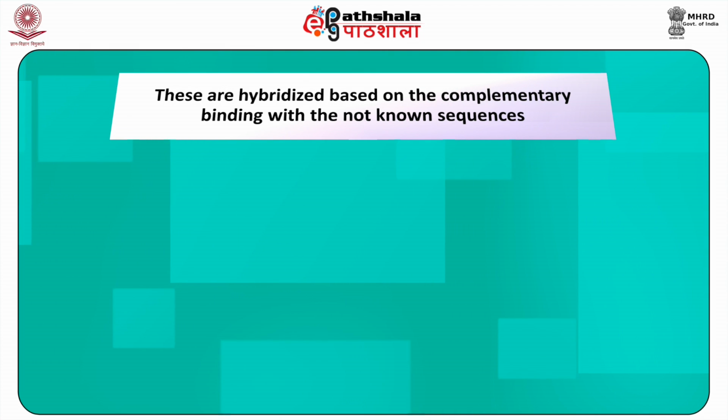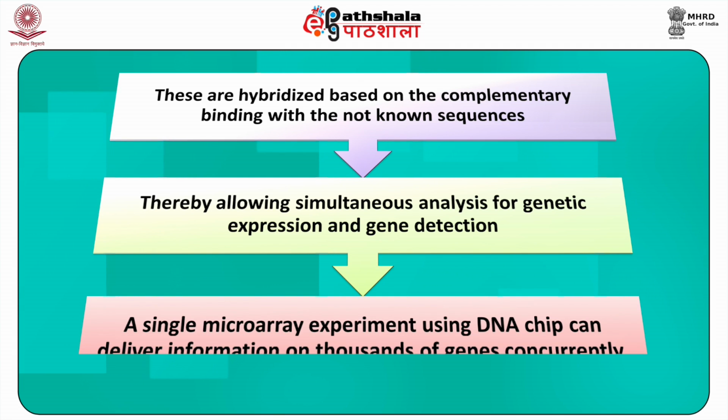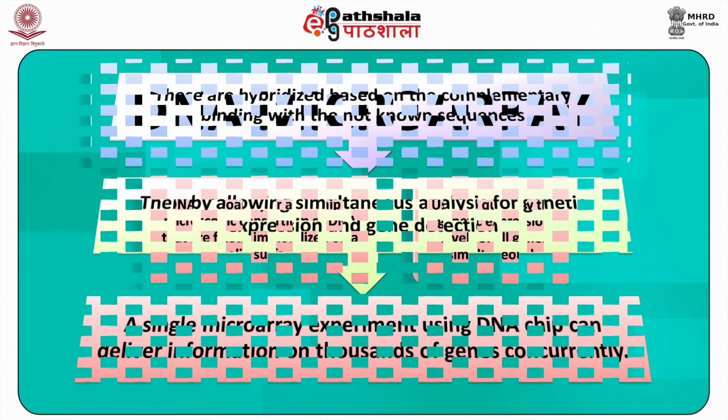These are hybridized based on the complementary binding with the unknown sequences, thereby allowing simultaneous analysis for genetic expression and gene detection. A single microarray experiment using a DNA chip can deliver information on thousands of genes concurrently.